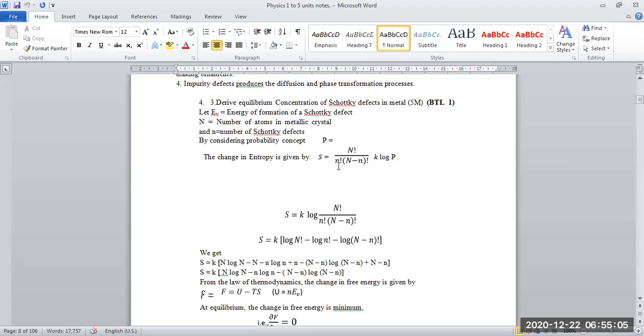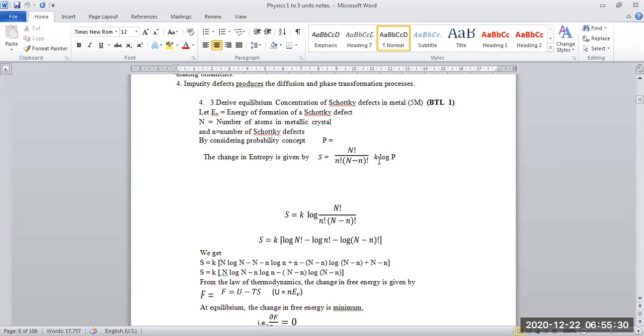This is the basic formula given in permutation and combination. The total number of atoms is in the numerator, and the number of Schottky defect atoms we write as small n factorial. What is remaining is capital N minus small n factorial.